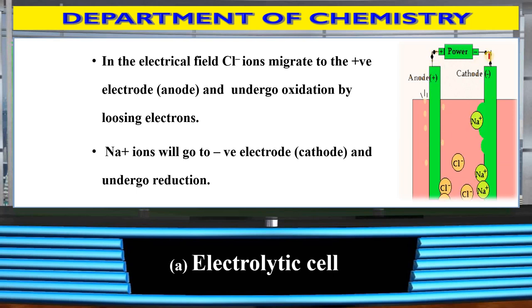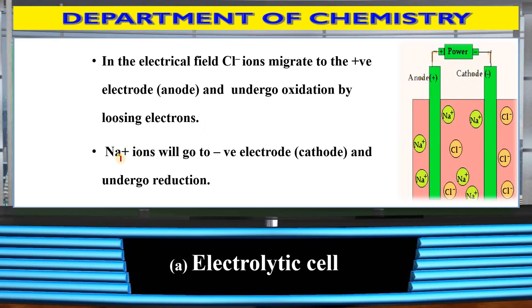The cathode accepts the electrons that came from the anode electrode, and after accepting the electrons the cathode carries negative charge, thus the cathode has negative charge and the anode has positive charge.